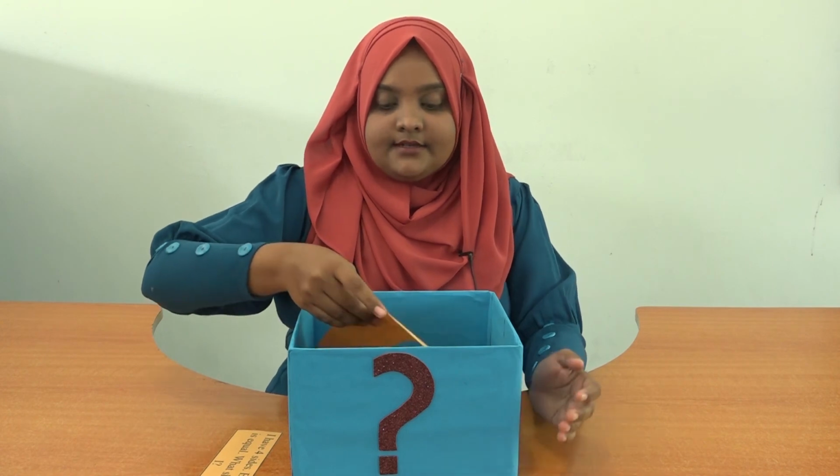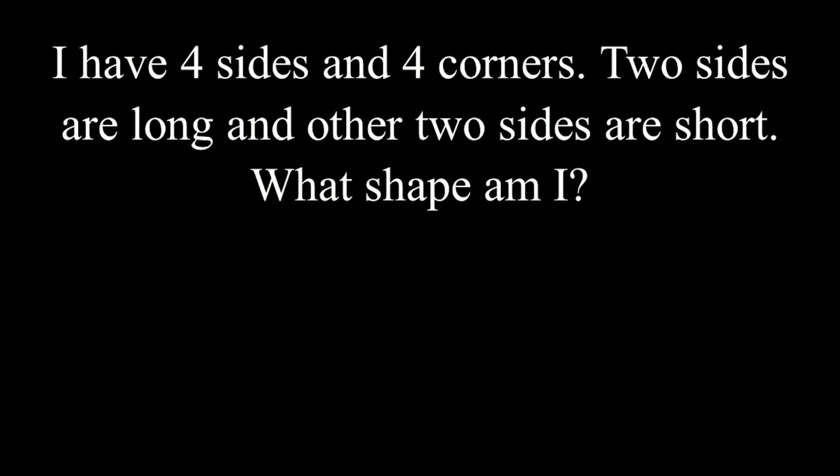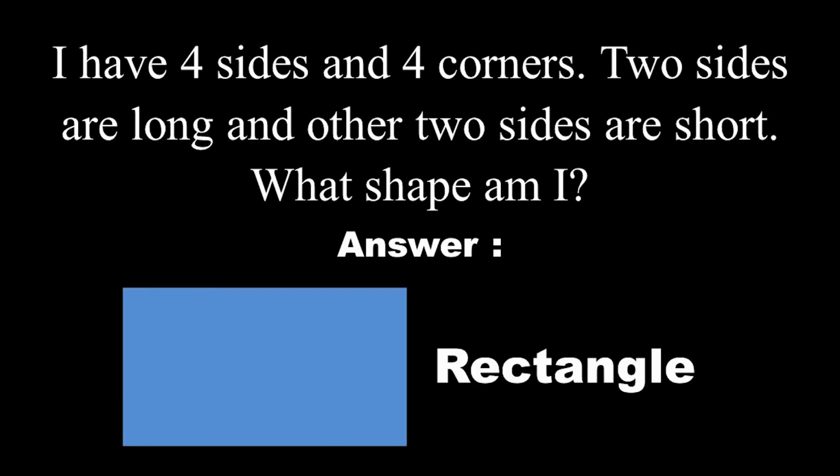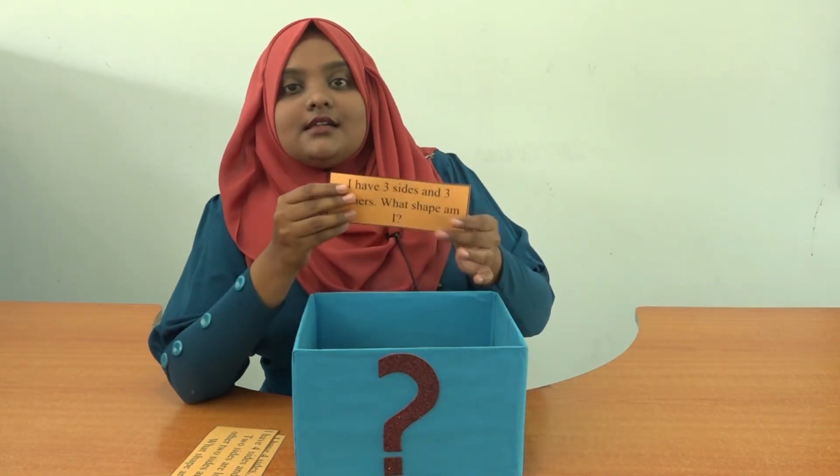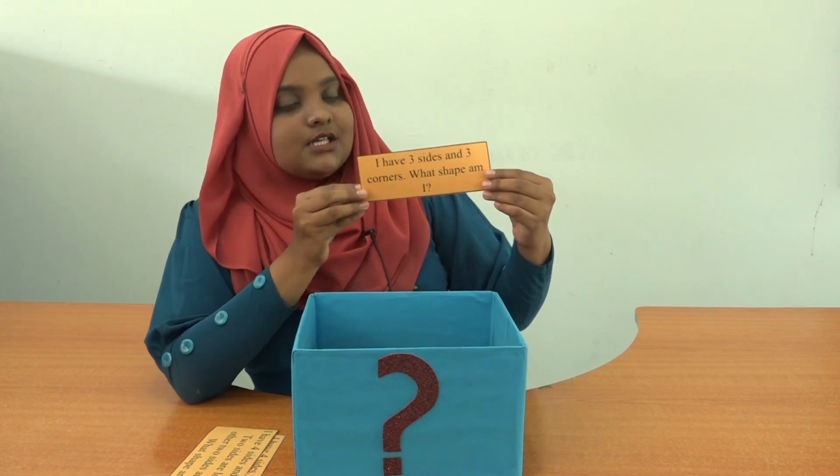So the next question is, I have 4 sides and 4 corners. 2 sides are long and the other 2 sides are short. What shape am I? So just think and write down your answers. This is the next question.